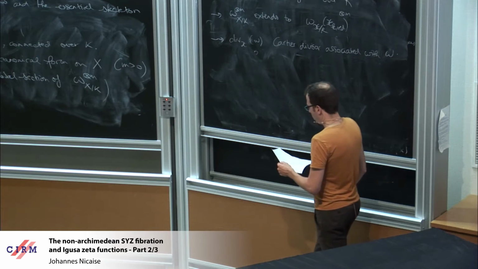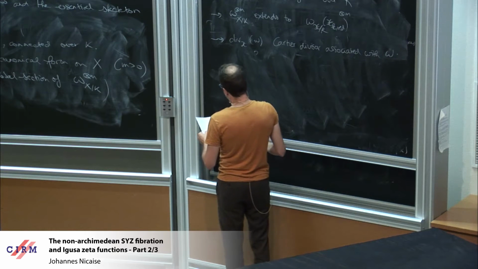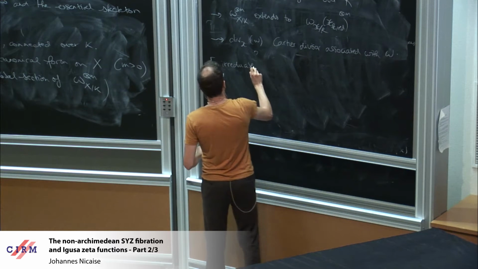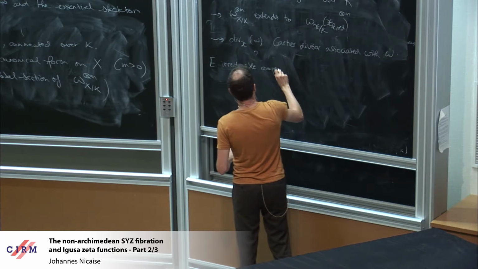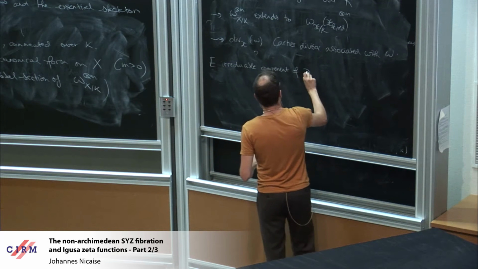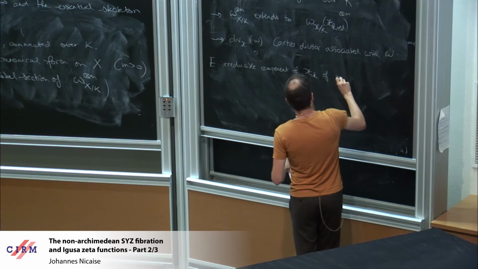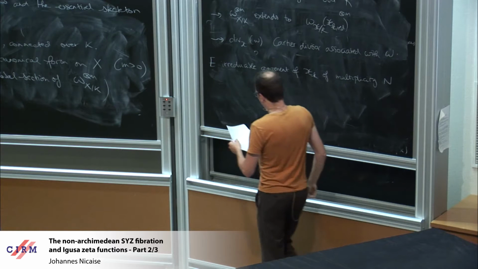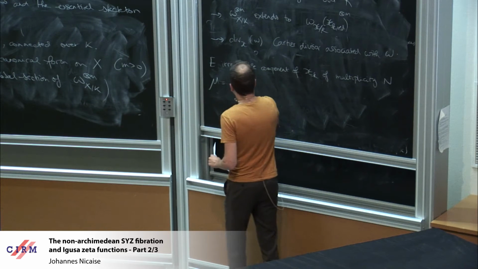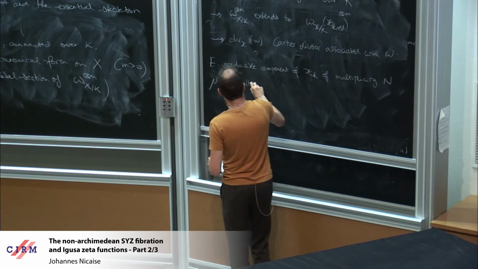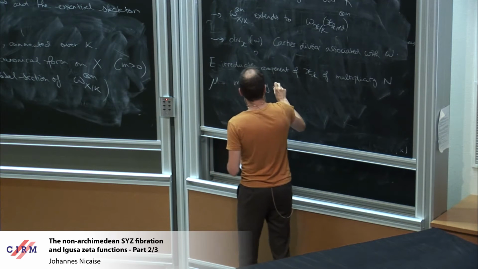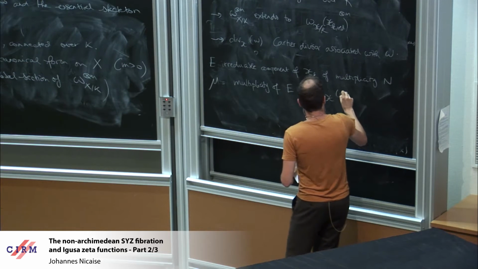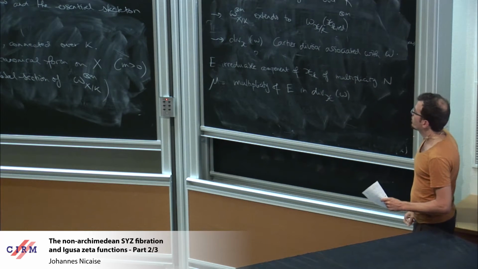And then we can make the following definition. Suppose that E is an irreducible component of the special fiber, of multiplicity n. And suppose that mu is the multiplicity of E in the divisor which I've just associated with omega.